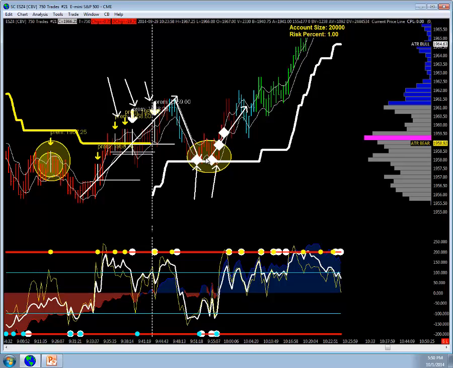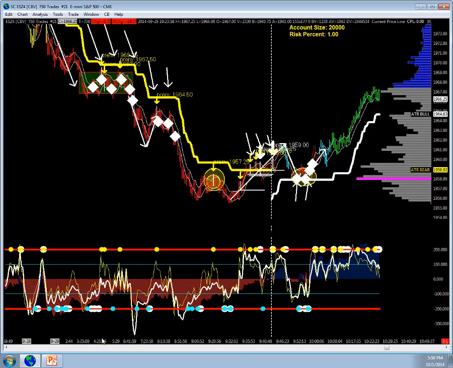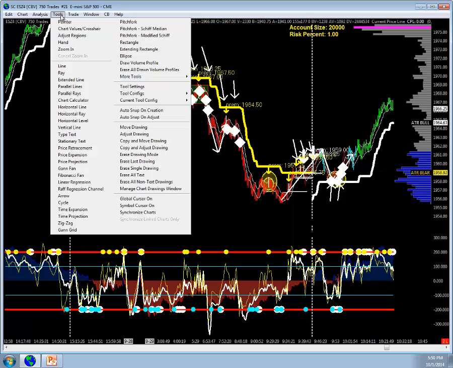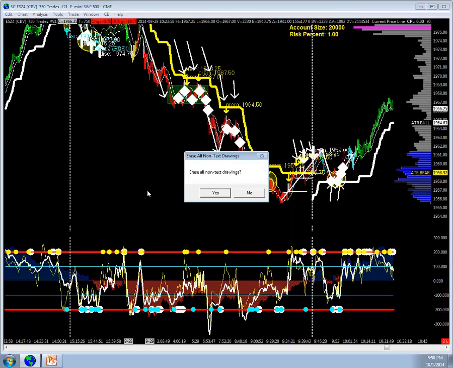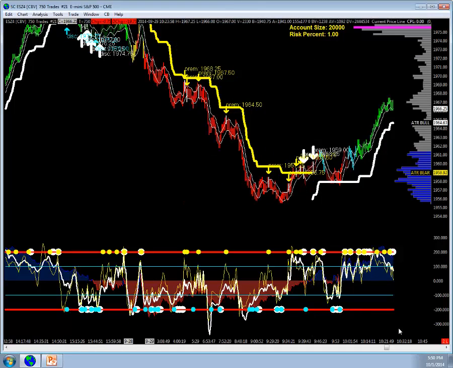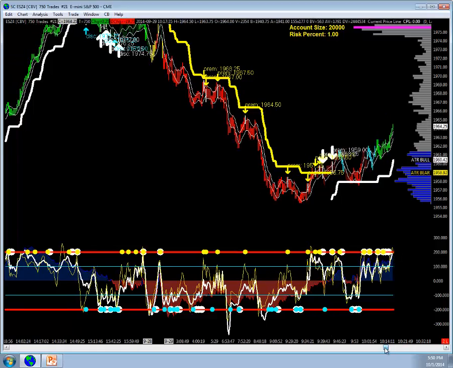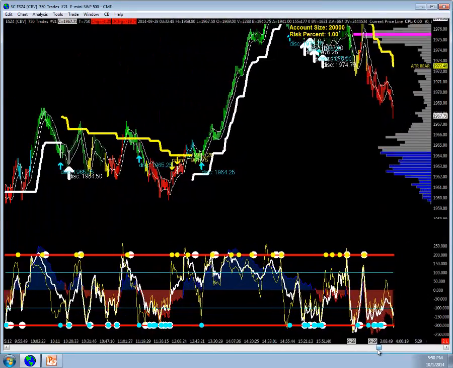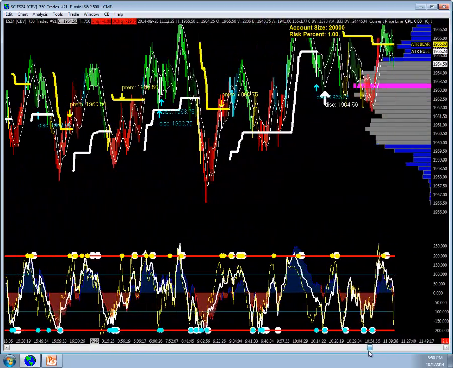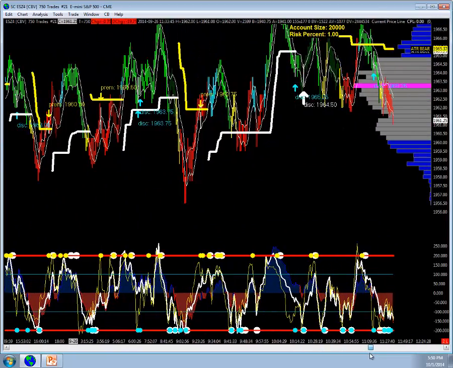There's one thing that I really want to stress to everybody, and I can't stress it enough: you really need to go back on your charts and look at this stuff. Now, this was a period where you can clearly see there was a lot of sideways volatility and chop, and this was a very difficult, challenging day to trade.